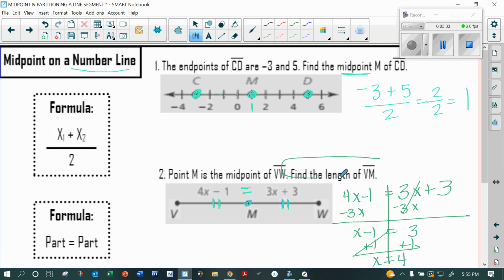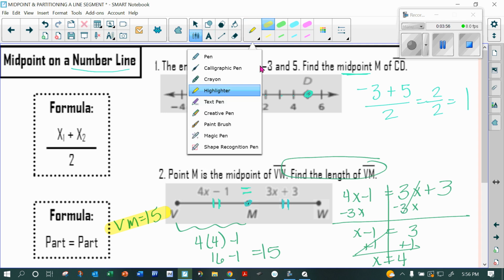So they want me to find the length of VM. So they want me to find this length right here. So 4 times 4 minus 1. So 16 minus 1 is 15. So I would say VM equals 15. And then we would have our answer there.